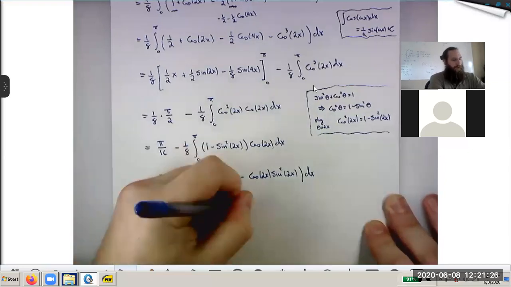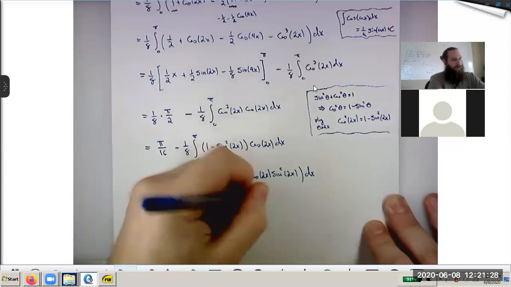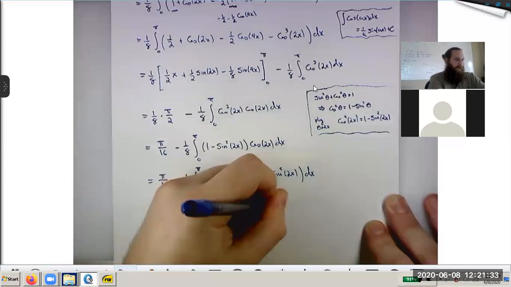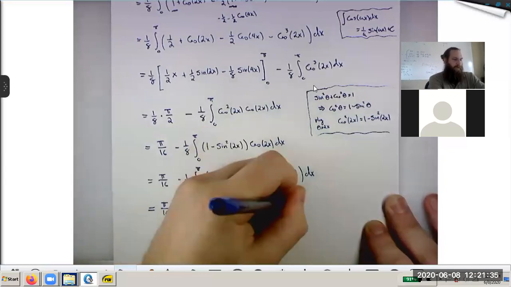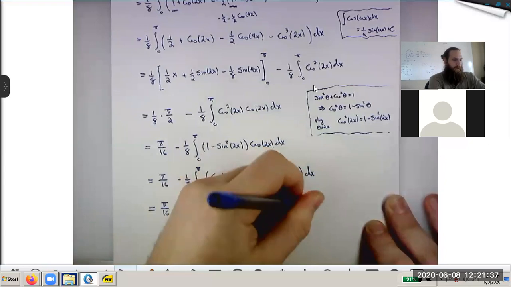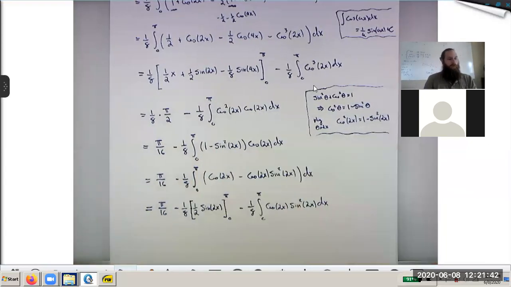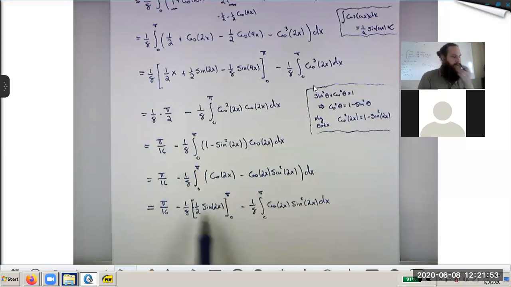And then I have minus 1/8 integral 0 to pi cos 2x sine squared 2x dx. And here I will substitute for sine of 2x. The evaluation step here is trivial. Sine of 2 pi is 0, sine of 0 is 0. This piece contributes nothing. This whole thing is 0.